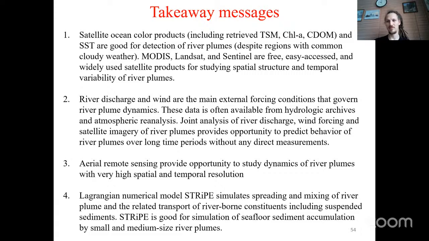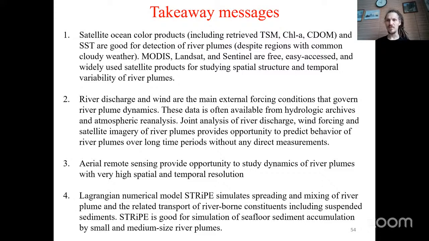Also, what is important, individual river plumes dynamically interact with each other. If you have one plume and very close another plume and they merge, they change their spreading pathways. In a deltaic river, you have lots of small plumes formed by every deltaic channel, and they all interact with each other, which makes a very complex circulation scheme.